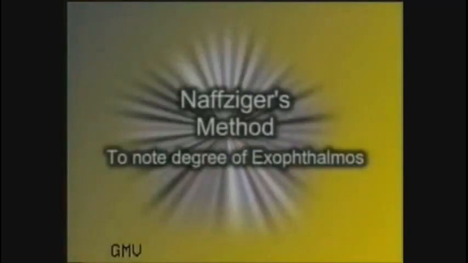Now to note the amount or degree of exophthalmos, examine the eyes by Naffziger's method. Stand behind the patient, tilt the head of the patient backwards to observe the eyes in supraorbital plane. The actual protrusion of the eyeballs beyond the supraorbital ridges can be appreciated in this position.